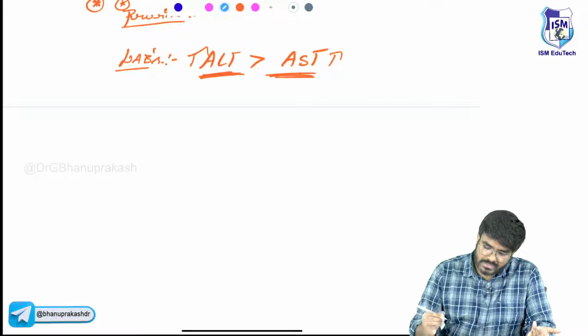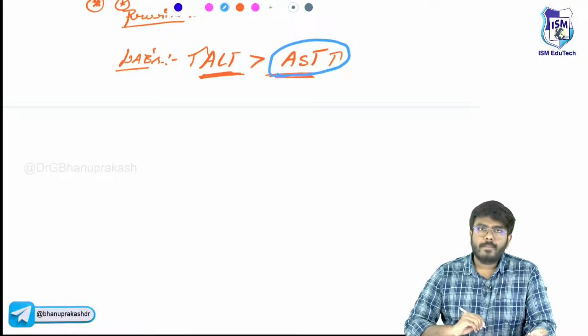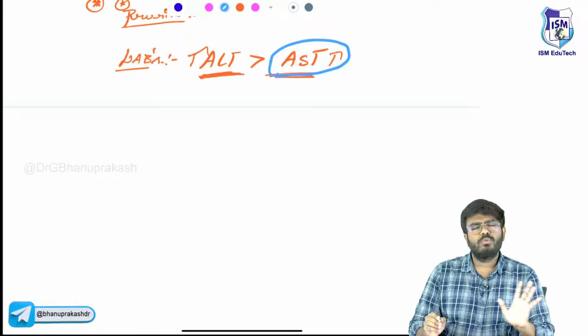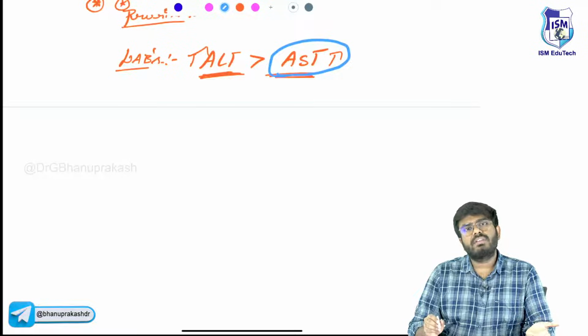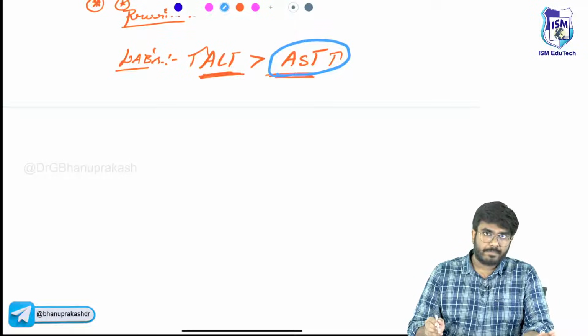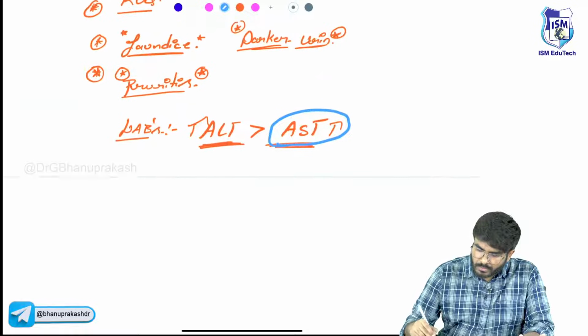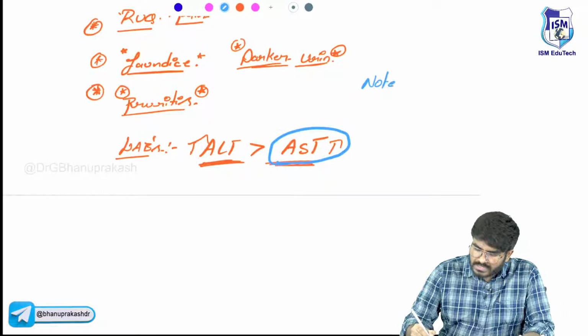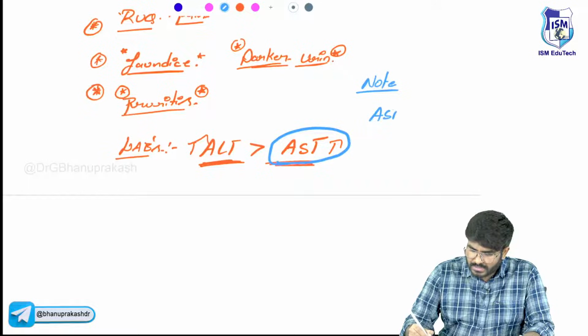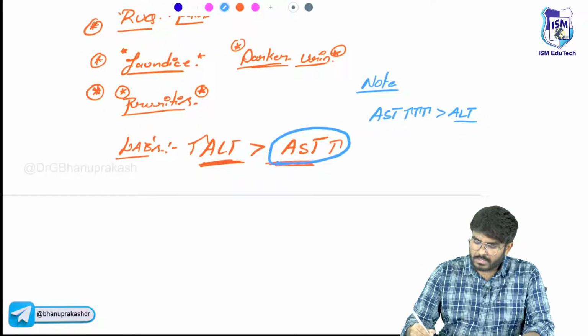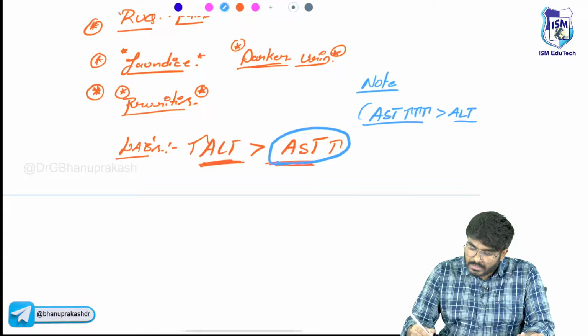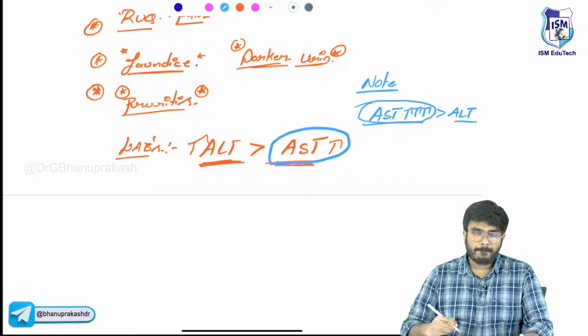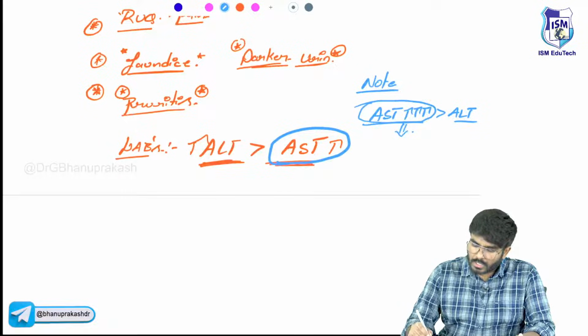Now, let me tell you here itself one important point. Usually in all hepatitis conditions, the ALT levels will be more than AST. But take a note here, there is one condition where AST levels will be much higher than the ALT levels. What is that condition? That is alcoholic hepatitis.